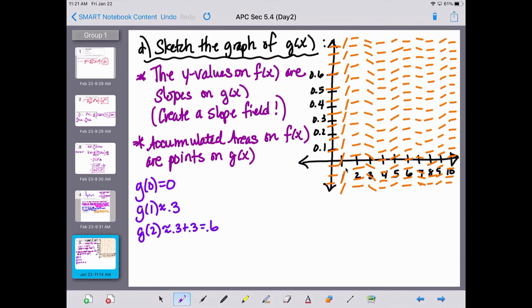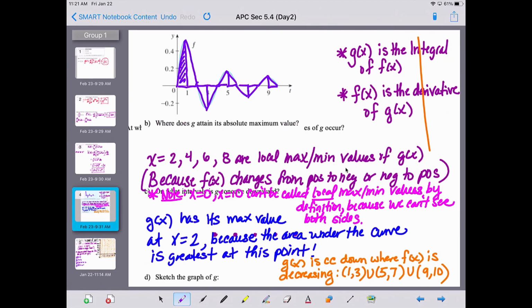G of 3, I'm going to have my cumulative area of 0.6 plus, now I look at my graph, and again, so I'm adding these areas here, right? Well, now I'm going to have to subtract because I'm going below the x-axis, and that triangle appears to have a base of 1 and a height of about negative 0.3, and then times 1/2, so that's going to be subtracting off about 0.15.